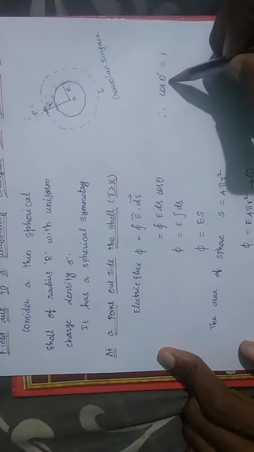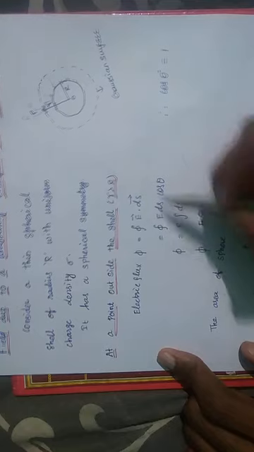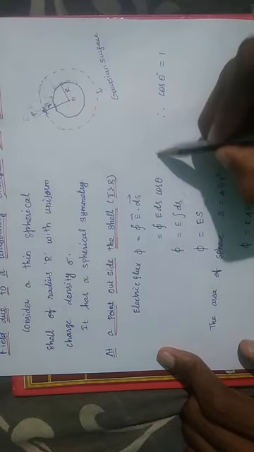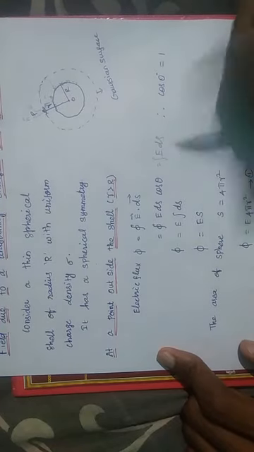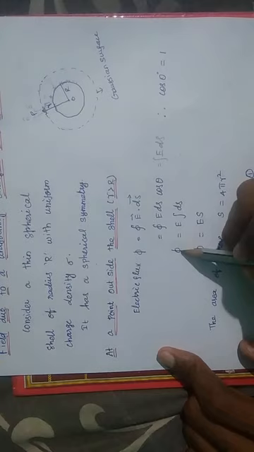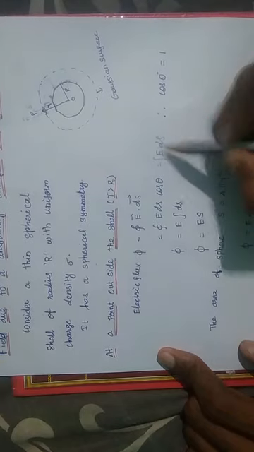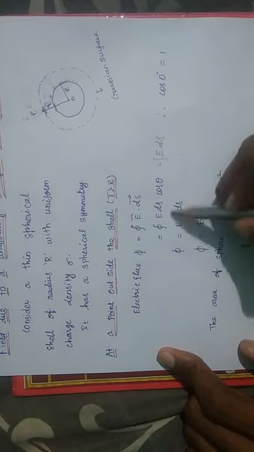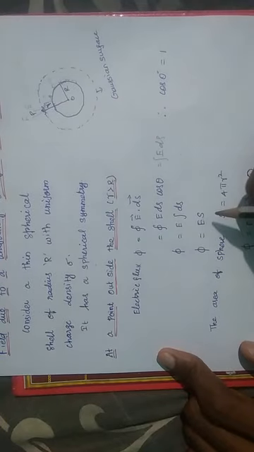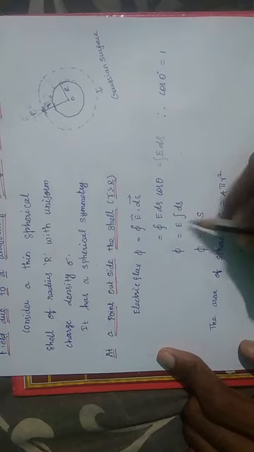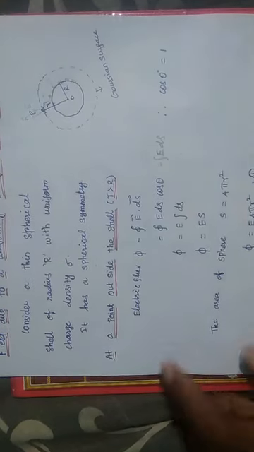Here the field and the area vector both act in the same direction, so cos theta value will become 1. The expression comes out as integration of E ds. So phi is equal to, taking E outside, E times the integration of ds, because integration of dx is x. So phi is equal to E s. This is the expression you will get.